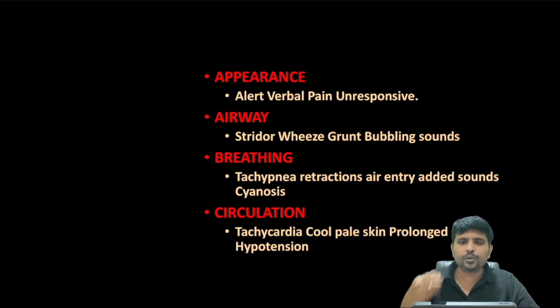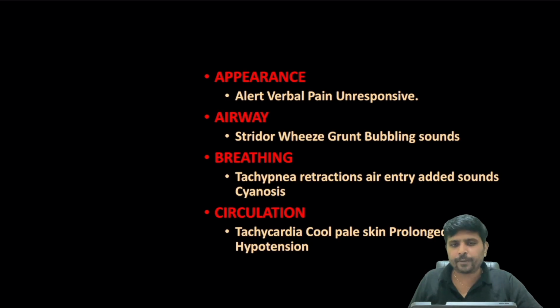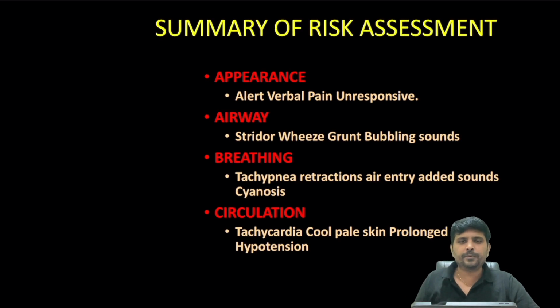For breathing, look for the retractions, the air entry, the added sounds, and the cyanosis. Remember, cyanosis in respiratory illness will be associated with retractions, so much indrawing, whereas cyanosis due to cardiac pathology will not be associated with that much retraction.